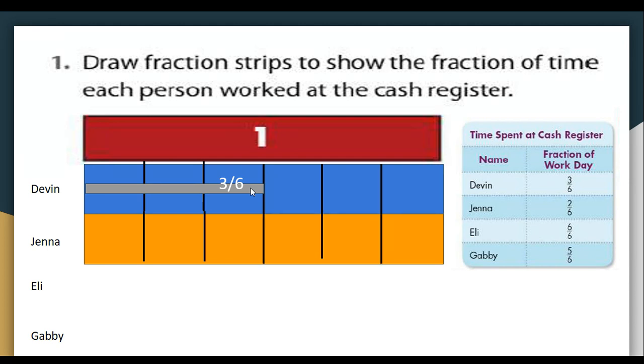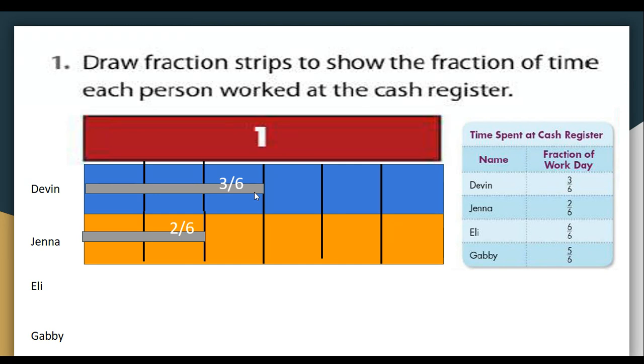Okay, you should have 6 equal parts. And again, she worked 2 hours out of those 6. So we're only going to focus on 2 parts, and you're going to shade in those 2 parts to make 2/6.